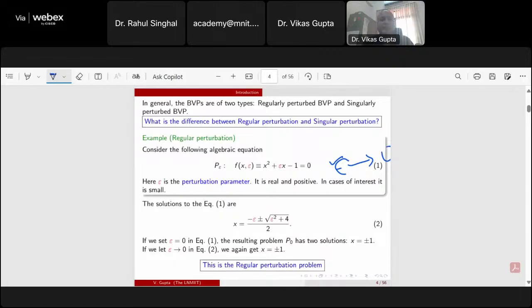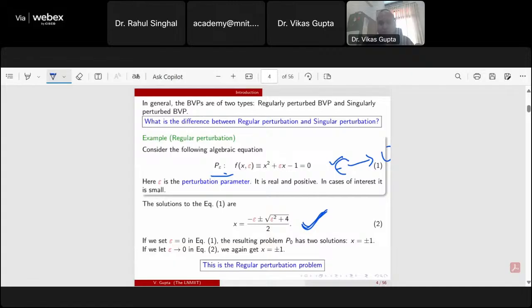If you solve this algebraic equation, the solution is x equals minus epsilon plus or minus the square root of epsilon squared plus 4, upon 2. You notice that if you set epsilon equal to 0 in this problem P epsilon, the problem remains well posed. You get two solutions, x equals plus or minus 1. And if epsilon approaches 0 in the solution in equation 2, again you get x equals plus or minus 1.